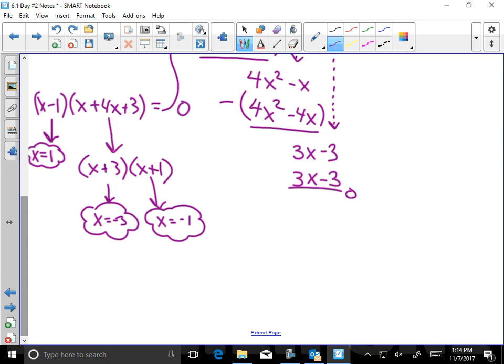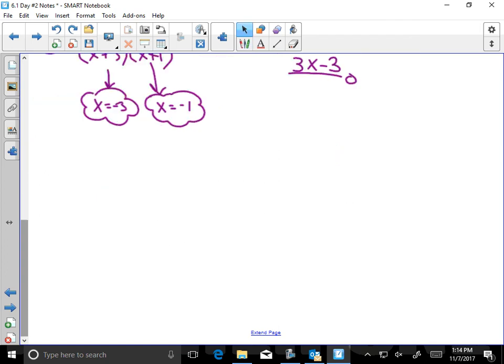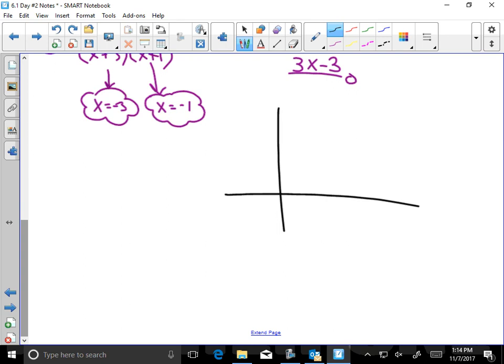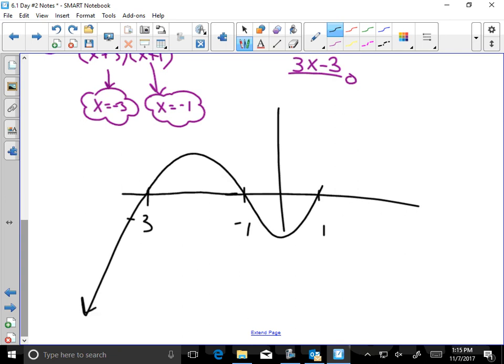Could I sketch this? Yes. Oh, that was terrible. Negative 3, negative 1, positive 1. I think it had a positive leading coefficient and it was a cubic, right? So end behavior should be this. Oh, Mr. Ludd, you're not fully accurate.